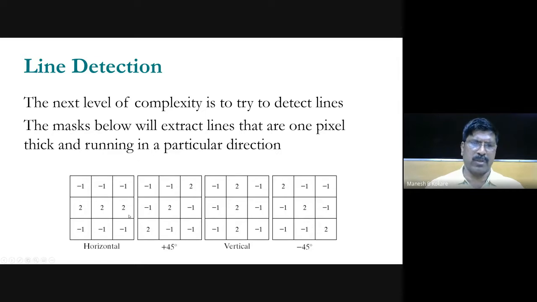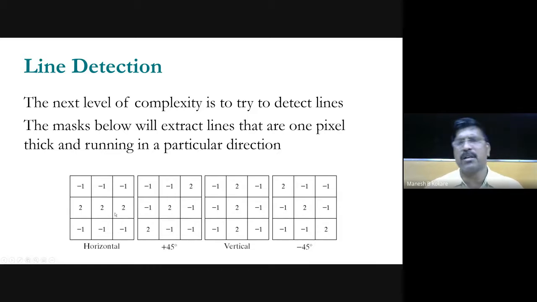These are the masks which you can use. This mask will detect the line which is in horizontal orientation. This mask will detect the line which is oriented at plus 45 degrees. This mask will detect the line oriented at 90 degrees, that is vertical, and this mask will detect the line at minus 45 degrees.